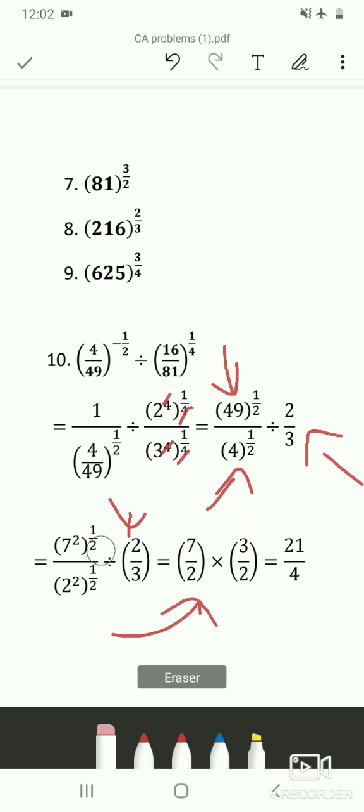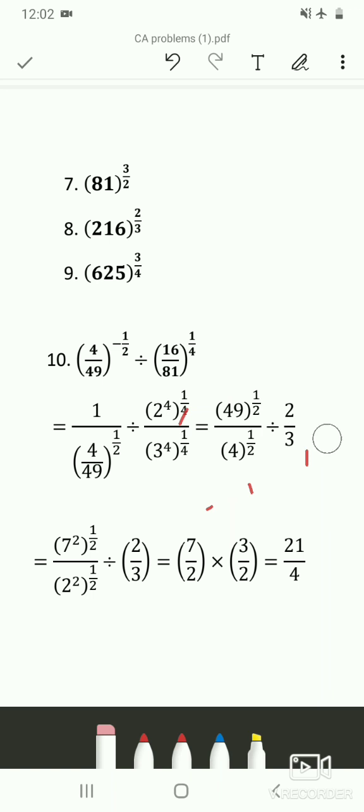So the final answer would be, after cancelling you will be remaining with 7 upon 2 into, so this is divided by, so when it goes to the numerator we will get it as 3 upon 2. So the final answer is 21 upon 4.